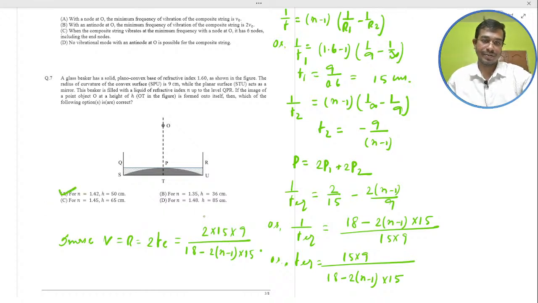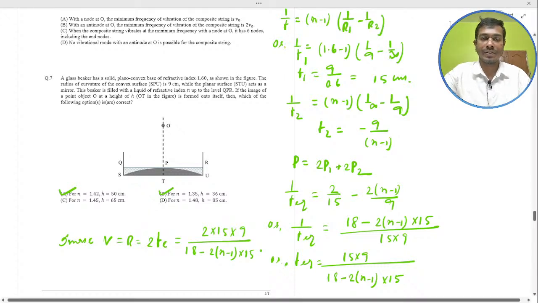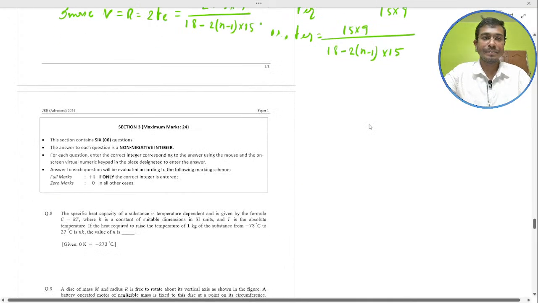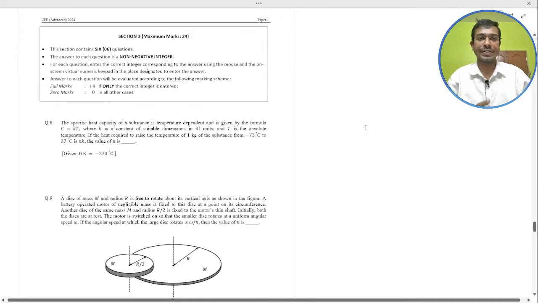Option A is correct. And for n equal to 1.35, you would get the height 36 cm. So B should be correct. Here options A and B are both correct. Next, the NAT, numerical answer type.